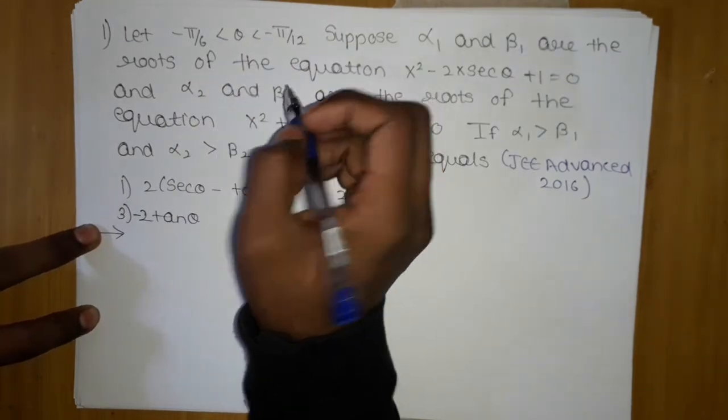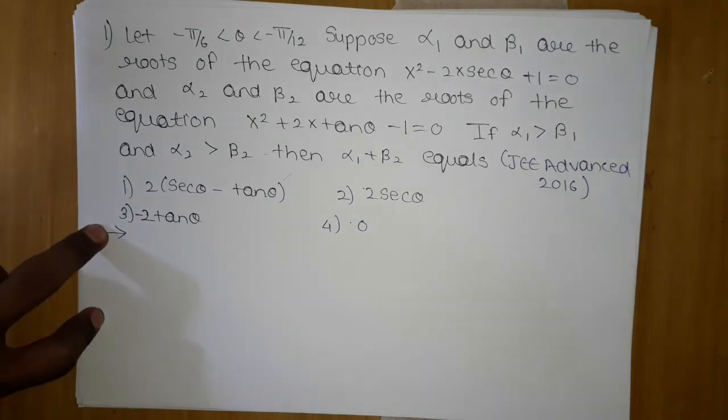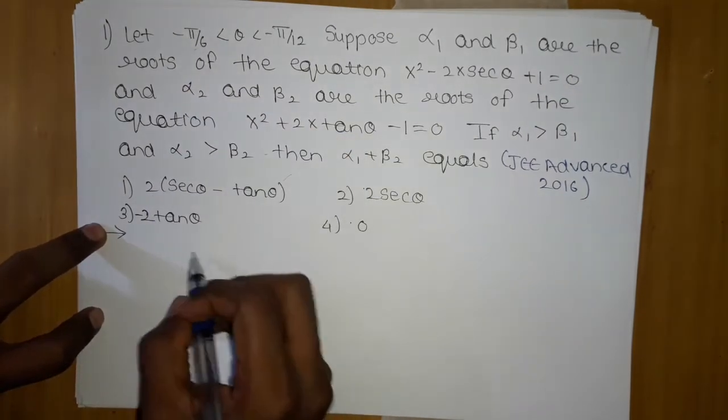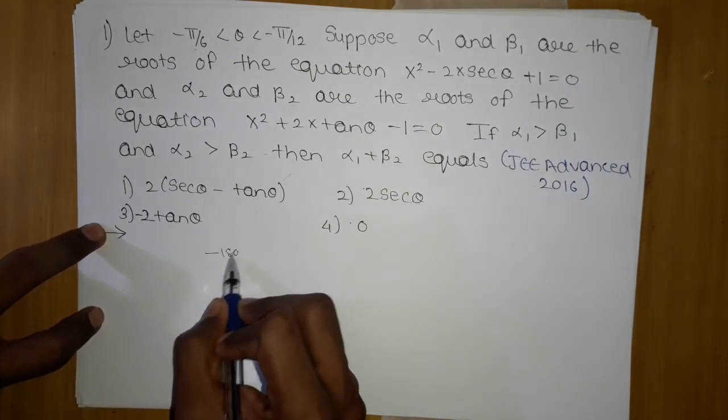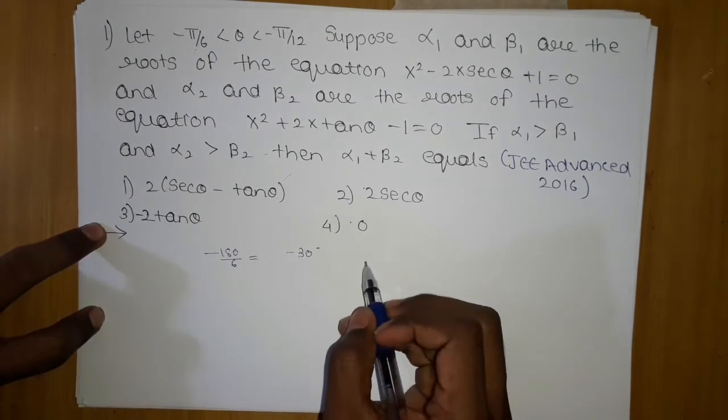For that you have to use the basic fundas of calculating angles in degrees. Otherwise you can easily predict this: minus pi by 6, that is 180 divided by 6, minus 30 degrees.